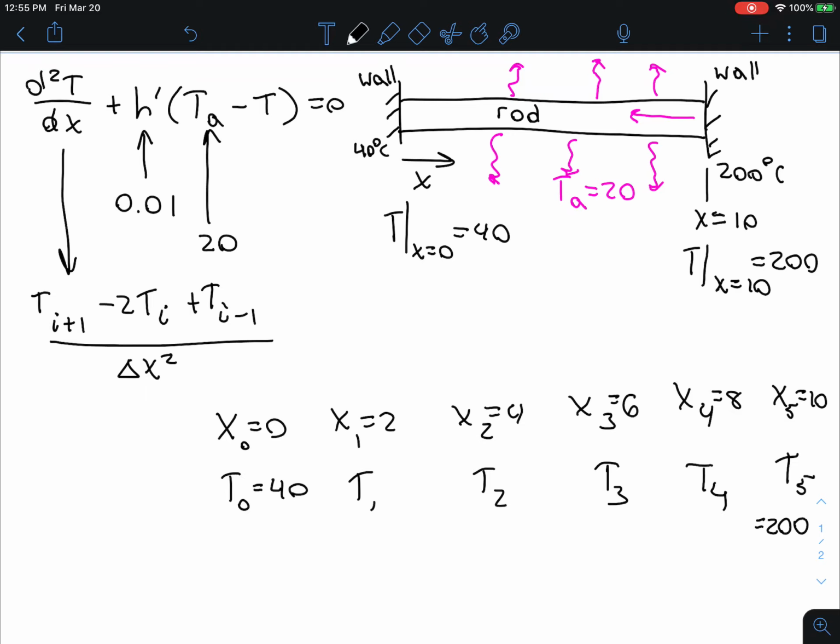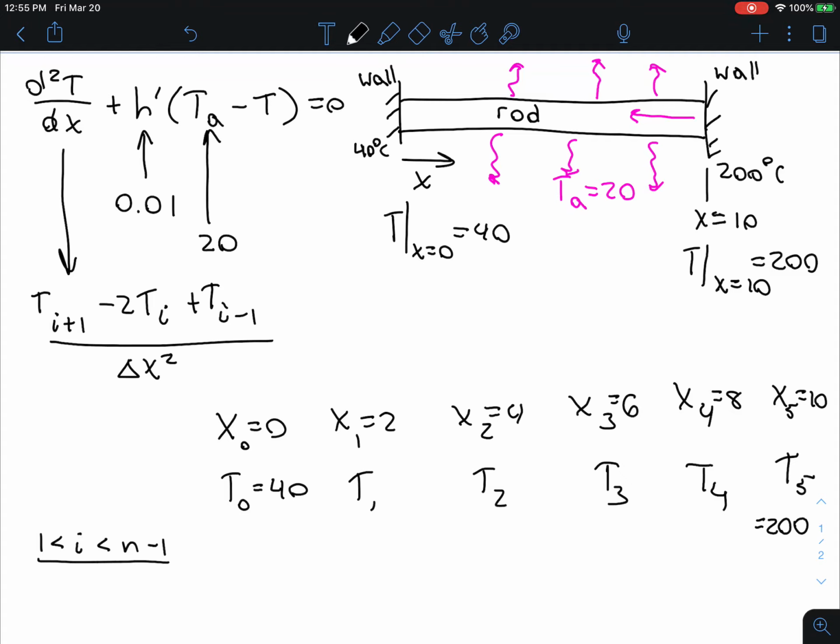So the equation for arbitrary i, where 1 is less than i is less than n minus 1. So this formulation is going to apply not at 1, not at 4 or n minus 1, but in between.